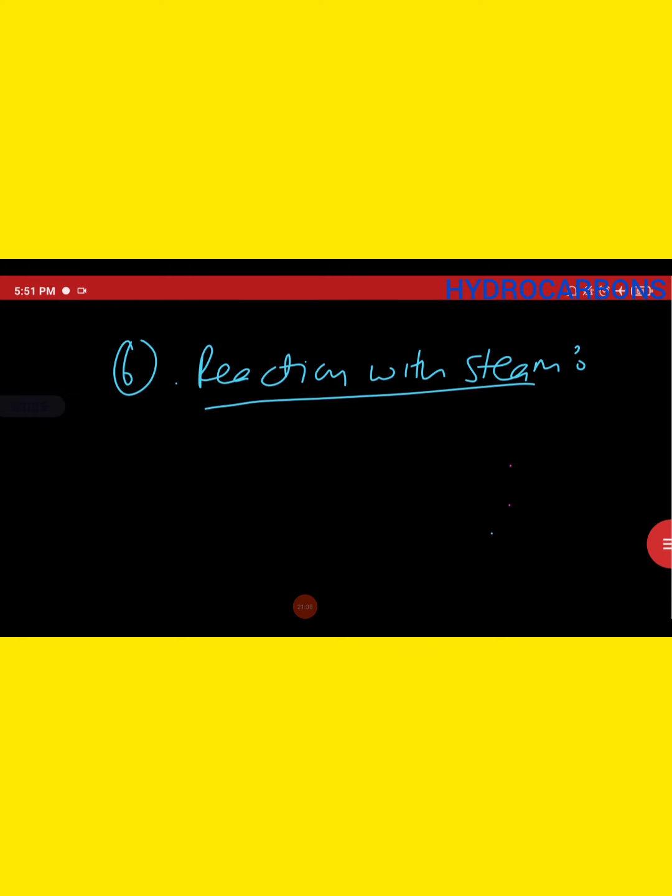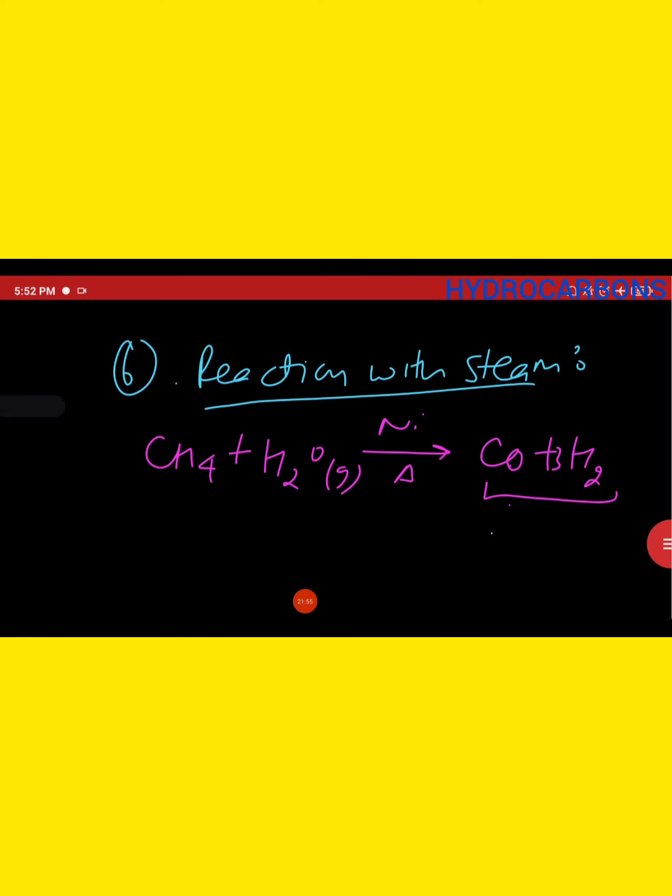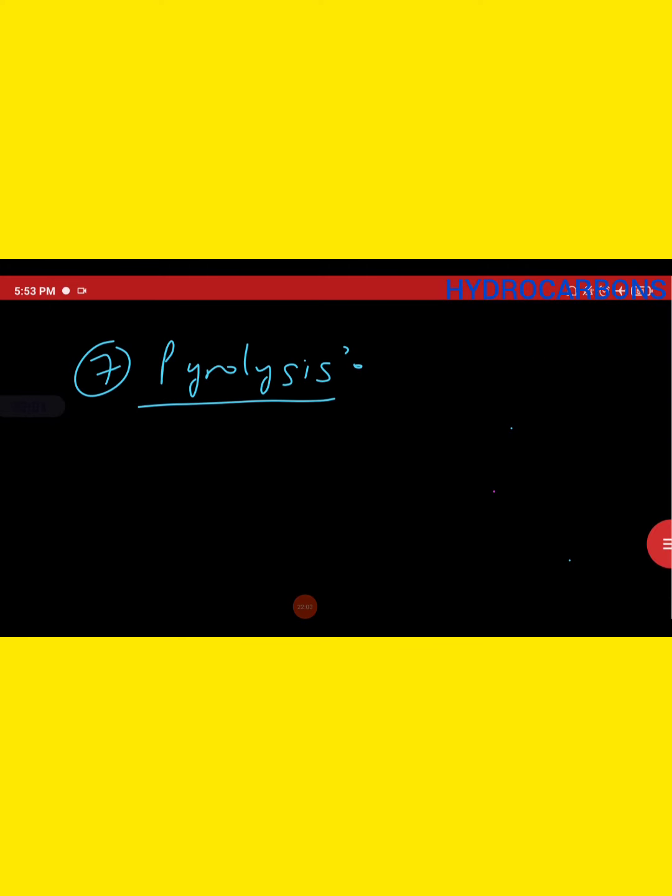Next is reaction with steam. When methane is heated with steam in the presence of nickel, then CO and H2 gas is formed, which is also called syngas, synthesis gas.